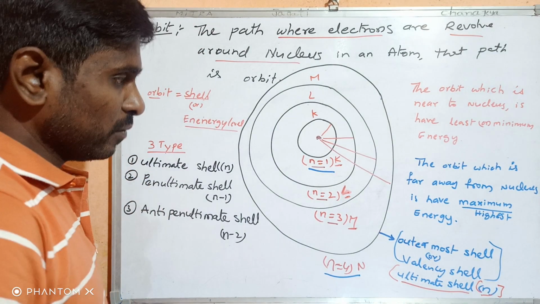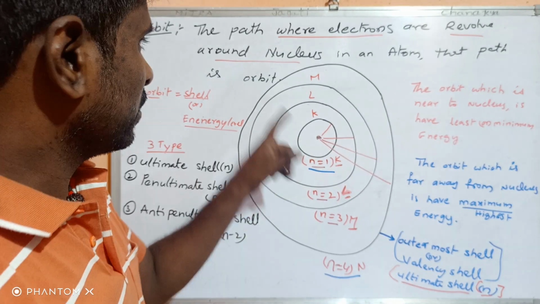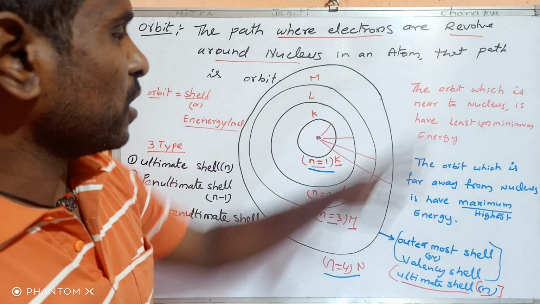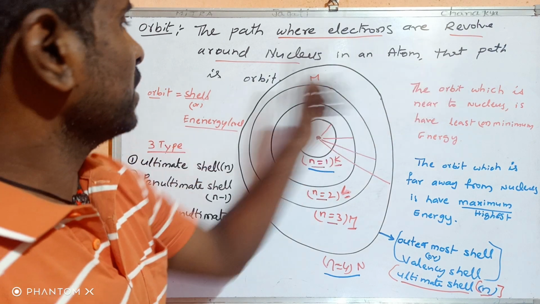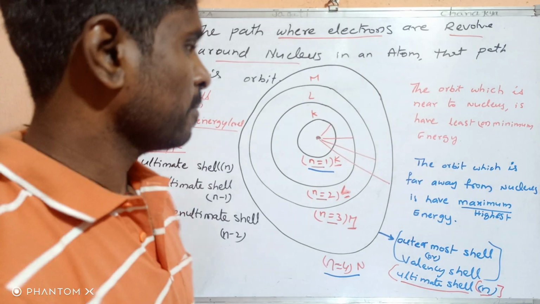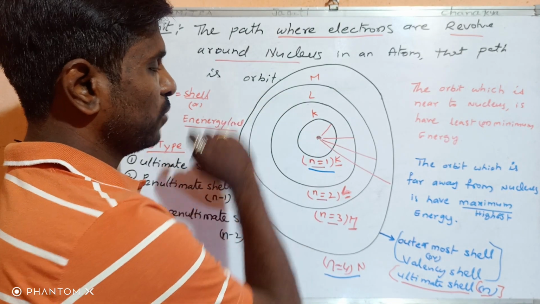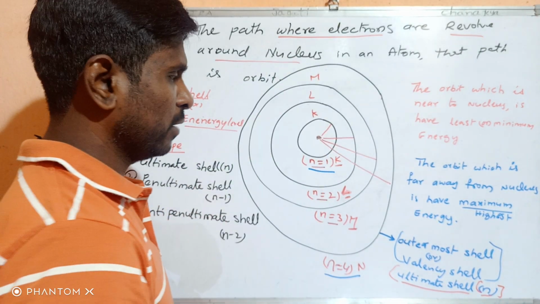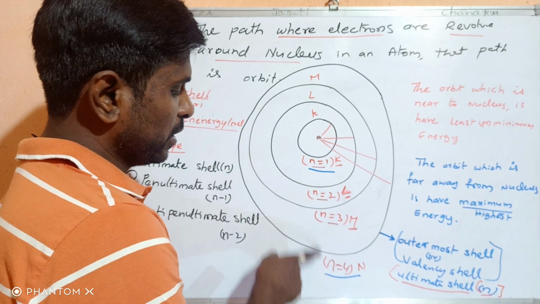Once again, to repeat: the path where the electrons revolve around the nucleus in an atom is called an orbit. These are orbit 1, orbit 2, orbit 3, orbit 4, orbit 5, orbit 6, so many. Every orbit starts from n=1, n=2, n=3, n=4.